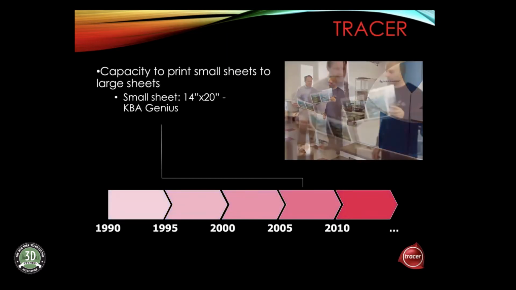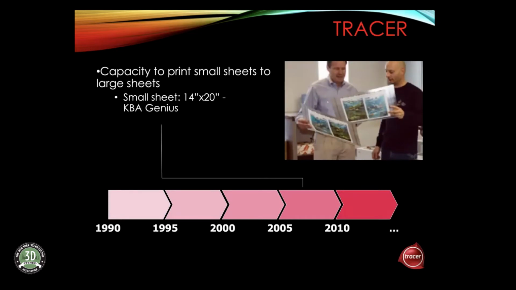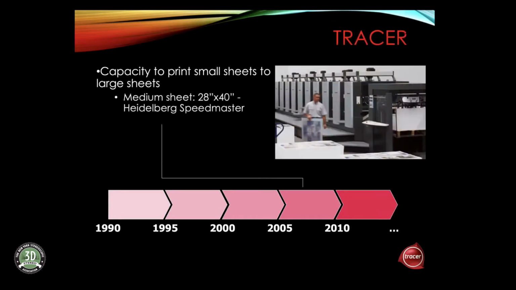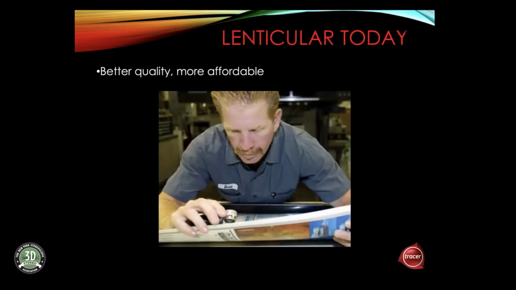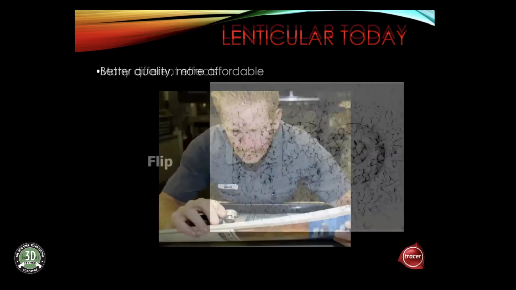Tracer, as a company, can print anywhere from a small sheet at 14 by 20 to a 28 by 40, and then we can go up to about a 48 by 72, maybe a little bigger, but we also splice or tile together several lenses. So lenticular today is better quality, more affordable, which means more people are interested in using it.